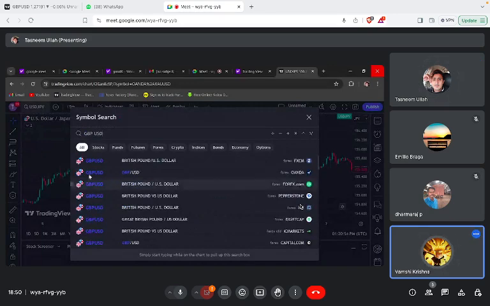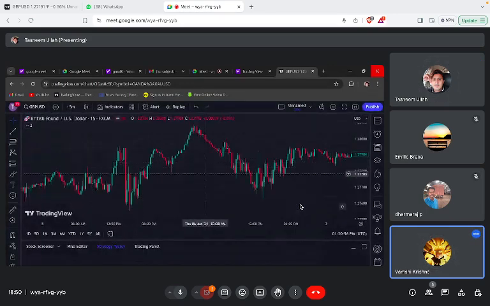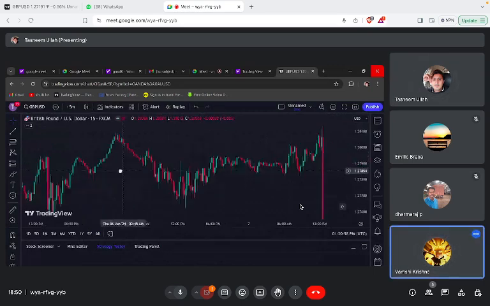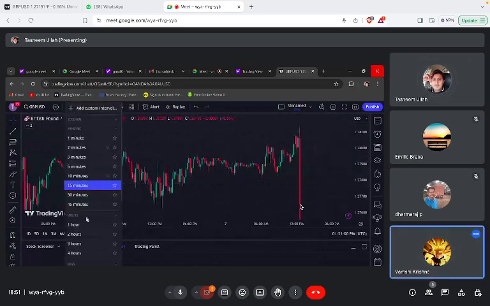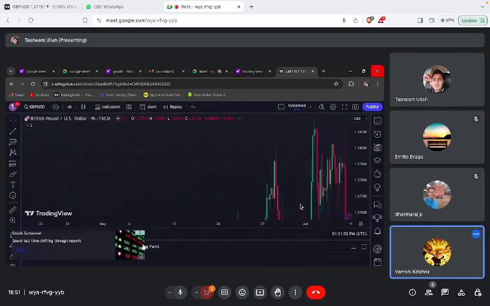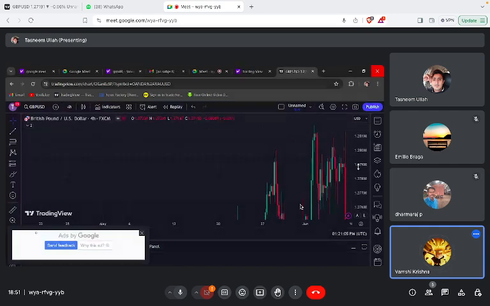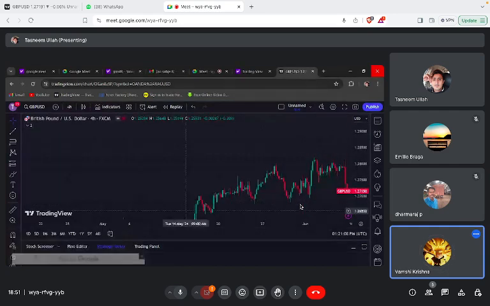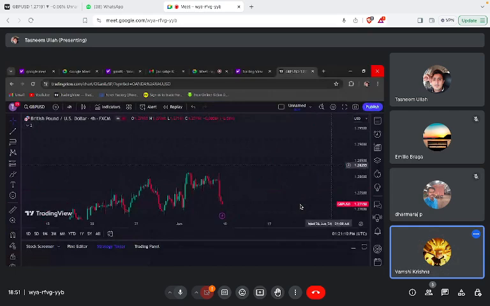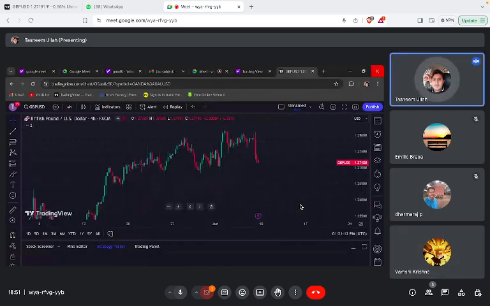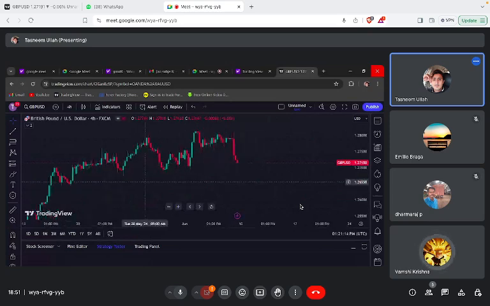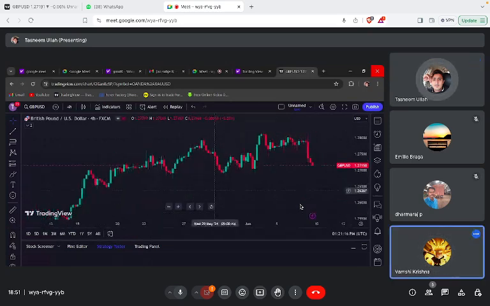Don't give space between GBP and USD. Okay, go to H4. Sir, is it visible? Yes. You can see there is an engulfing by mid, right, engulfing by on H4.